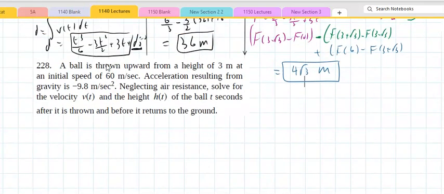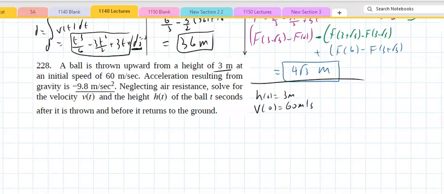And here's another problem. A ball is thrown upwards from a height of 3 meters. The initial height is 3 meters. The initial speed is 60 meters per second. Acceleration resulting from gravity is negative 9.8 meters per second squared.